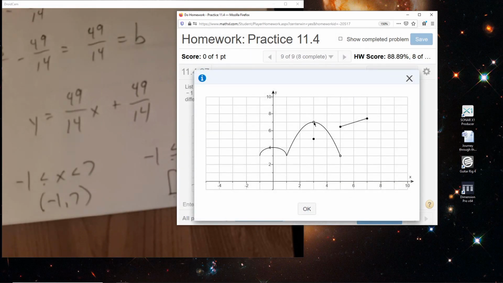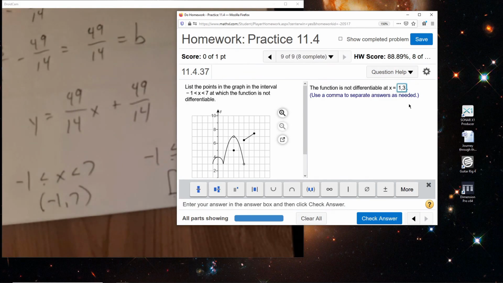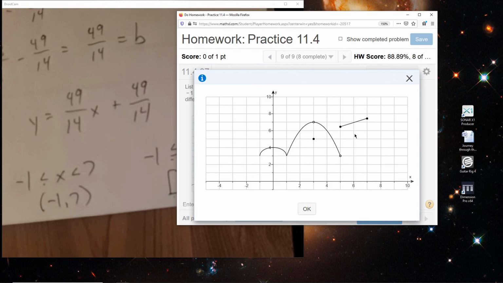So moving on from 3, we're cruising along the function, and now we run into a problem at 5. Because at 5, there's a gap here. The derivative does not exist at a gap because the function is not continuous. So 5 is another problem. And then finally, if we look at 7, 7 is also a problem because there's no right-sided limit.